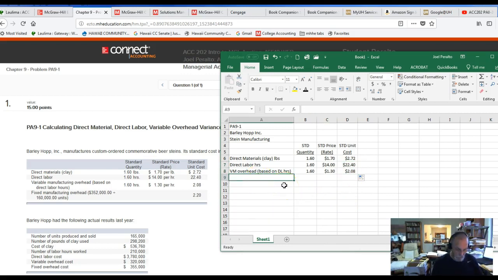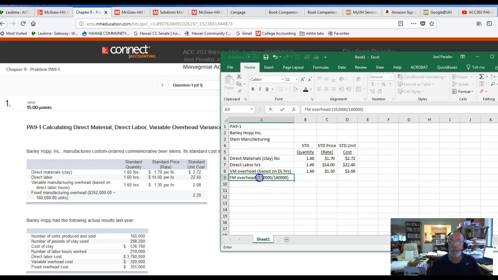And then finally our fixed manufacturing overhead, and that formula is given there in the problem. 352,000 divided by 160,000 units.